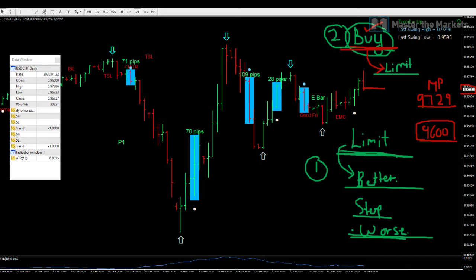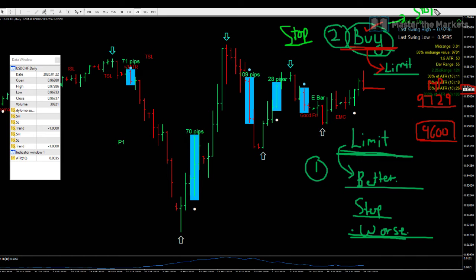Now, let's move on to what a stop means. Let's understand what stop price means. Stop, by its definition by itself, means a worse price. If I add buy next to it, what will a buy stop mean?